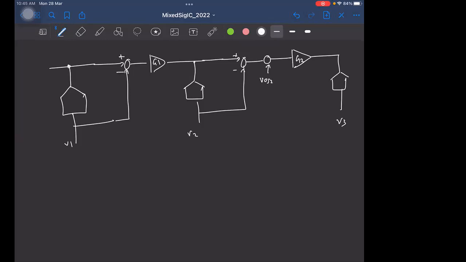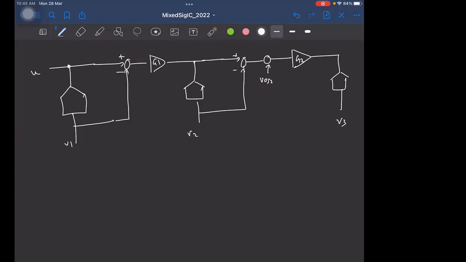So what do you think will happen here? You saw that an offset here was directly appearing at the input. So intuitively, can you say what will happen if you have an offset here? Let's say I want to refer it to the input here. You can simply write the equations for V1, V2, V3 and find out.